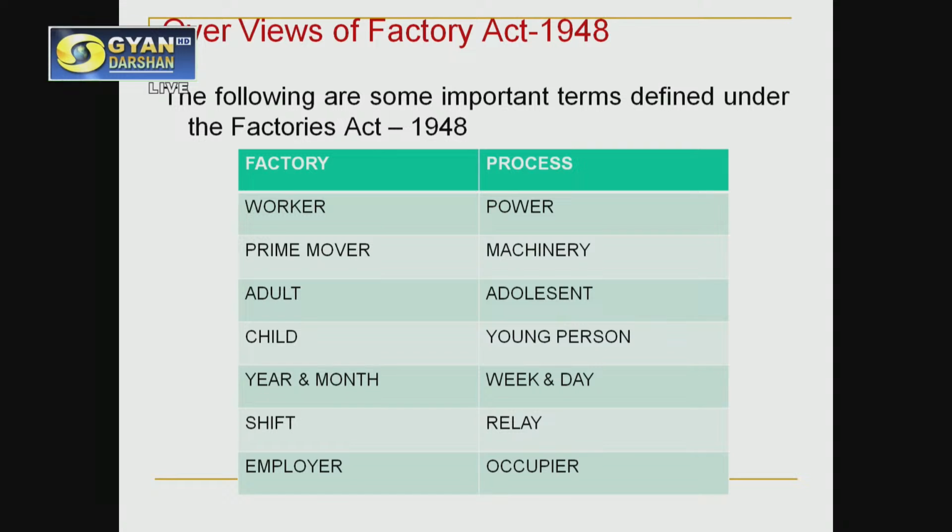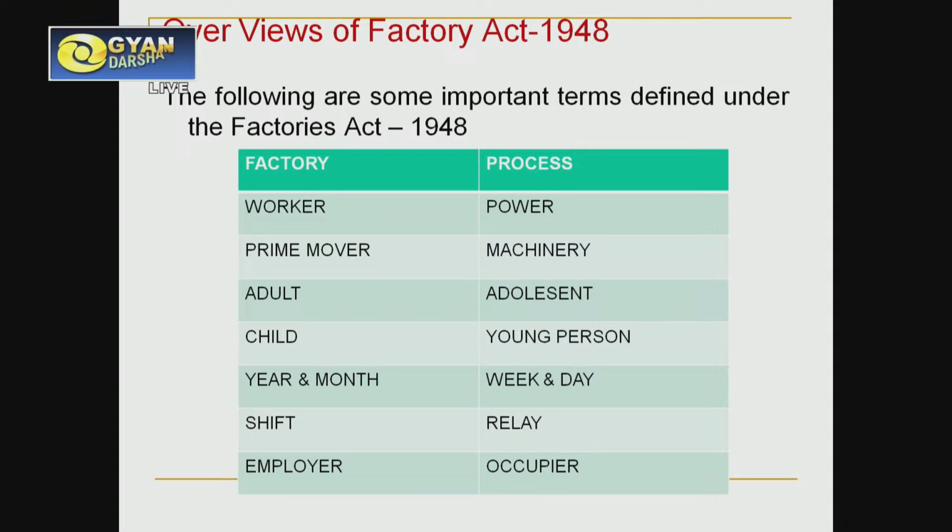That's the overview of the Factory Act 1948, which deals with various important parameters such as factory, worker, prime mover, adult, child, year and month, shift, the various shifts in operations, employer, process, power, machinery, adolescent, young person, week and day, relay and occupier.